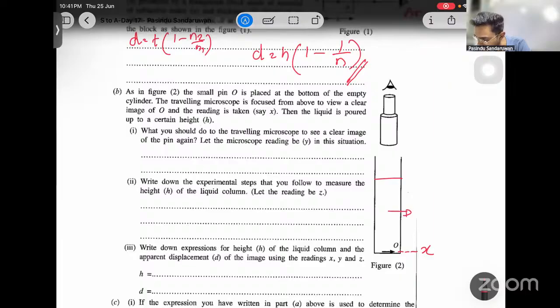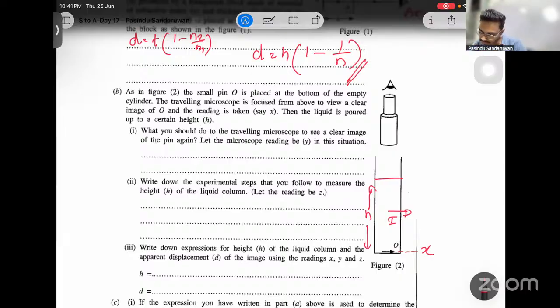That's the displaced image, so this is I. This height is given as H.